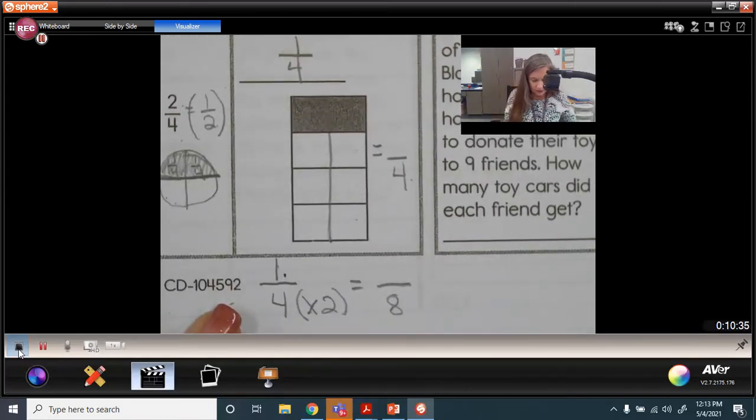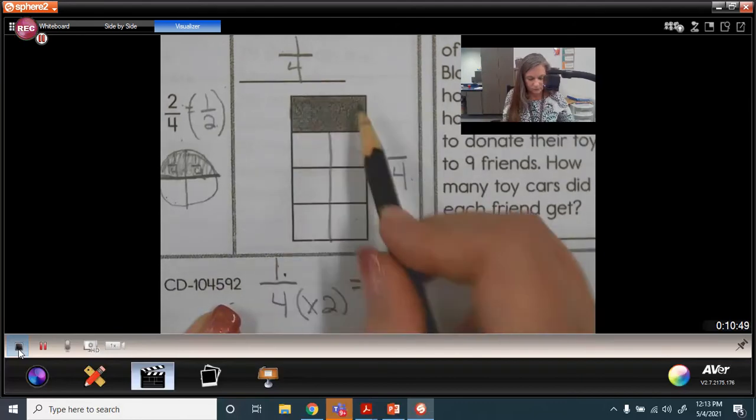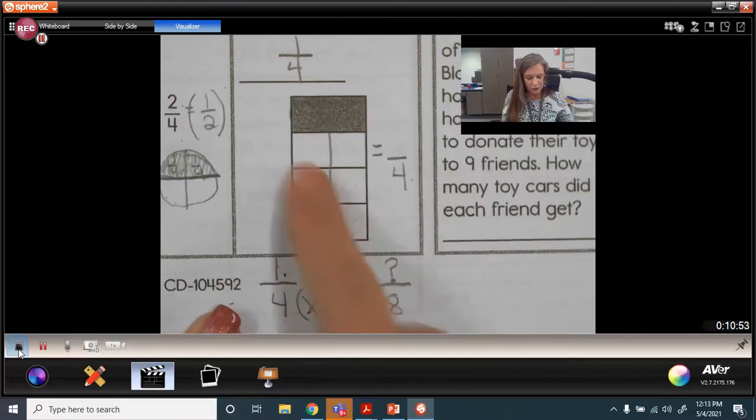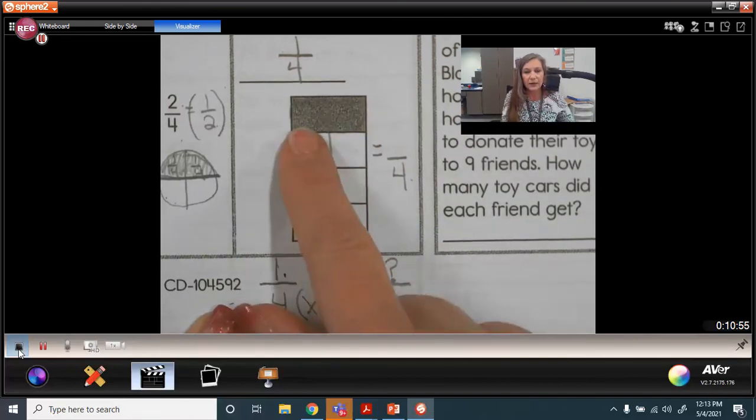So I want you to tell me, how many 8ths would I have? If you said 2, you'd be correct because each one of these fourths was cut into 2 pieces.